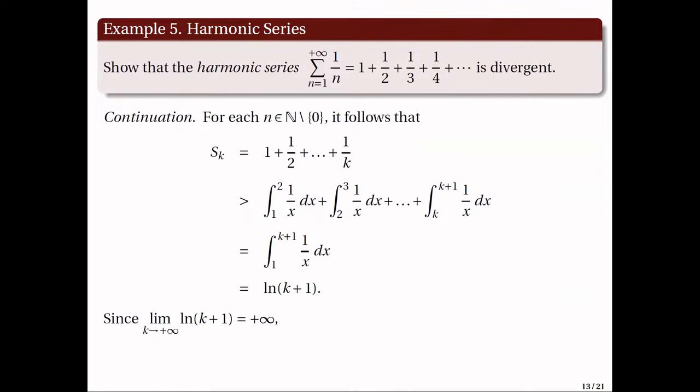Now, the limit of ln of k plus 1 with k going to infinity is equal to positive infinity. We also have the limit of s sub k as k approaches infinity equal to positive infinity, since the kth partial sum is greater than ln of k plus 1. Thus, the harmonic series diverges.